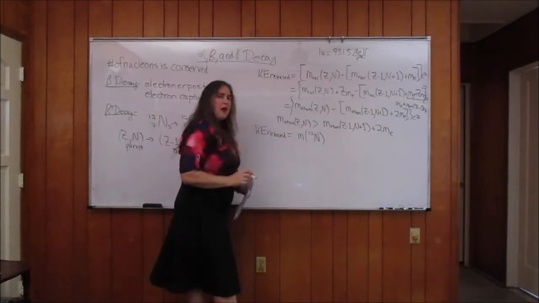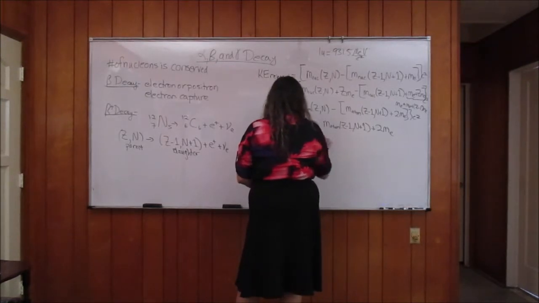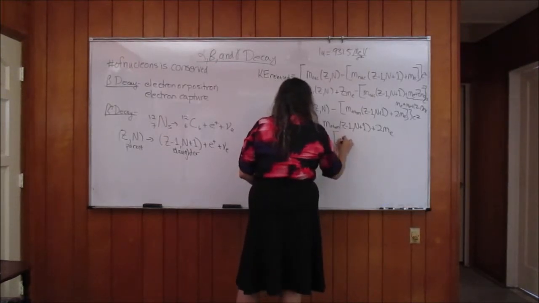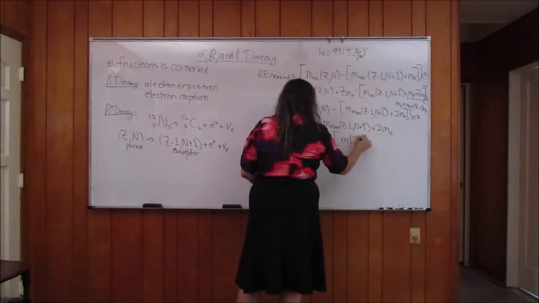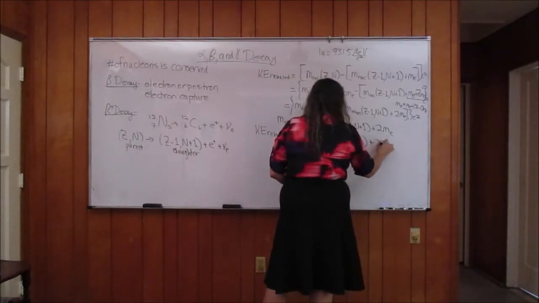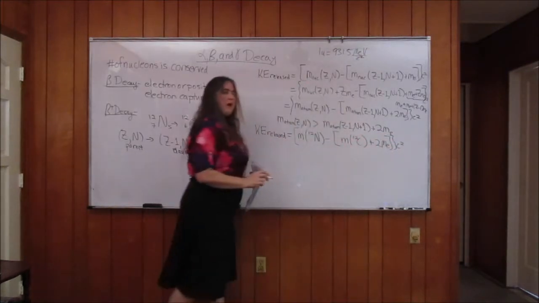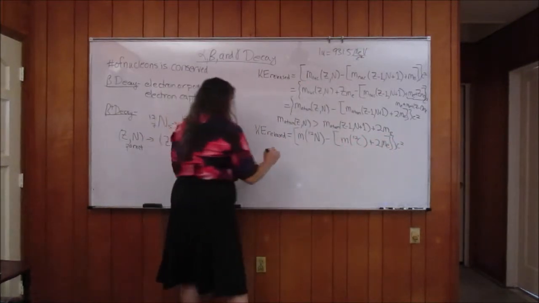This is the atomic mass of nitrogen 12 minus the mass of carbon 12 plus 2 times the mass of the electrons. So I'm going to plug in numbers.